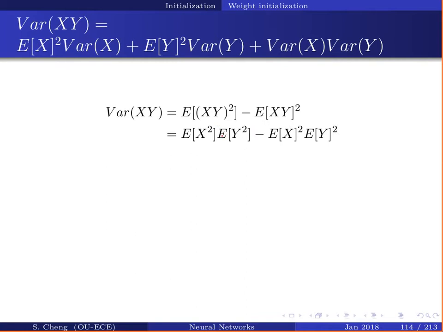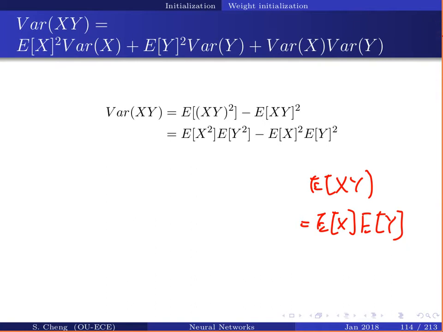Then we can use some assumption. Next we need to assume that X and Y are uncorrelated. If you want something stronger, you can assume they're independent. If things are independent, they will be uncorrelated. When X and Y are uncorrelated, expectation of XY will be equal to expectation X multiplied by expectation Y. And because X and Y are uncorrelated, you expect the squared values will be uncorrelated also.